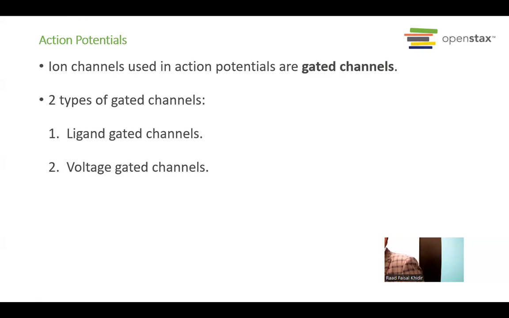We have those. But do they participate in the action potential? No. Only the ligand gated channels and the voltage gated channels. So what does a ligand gated channel mean?